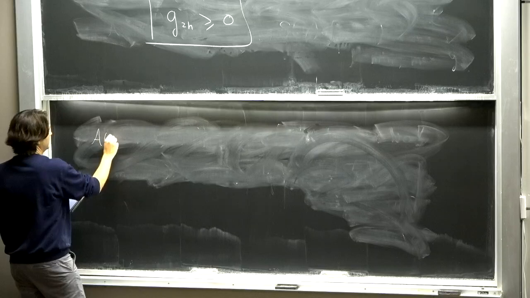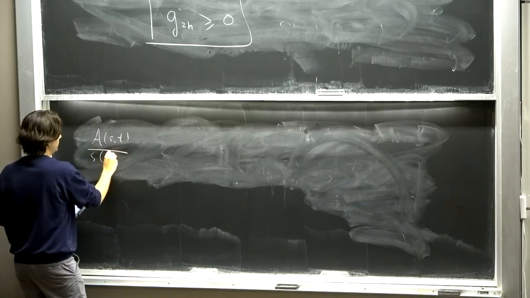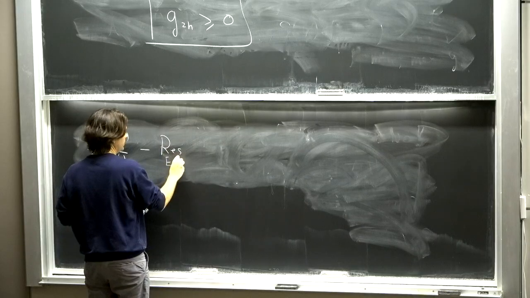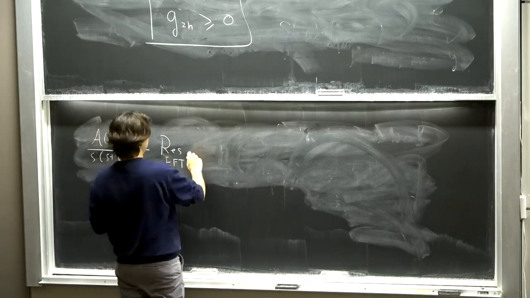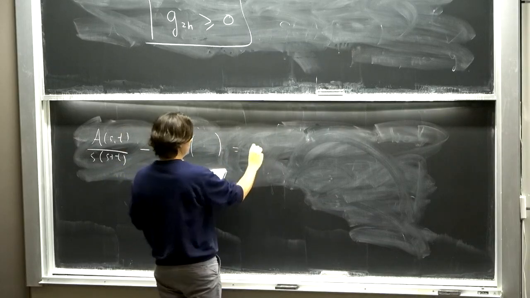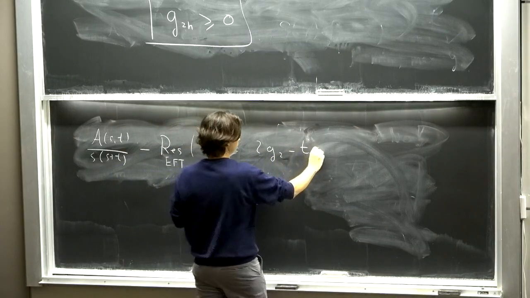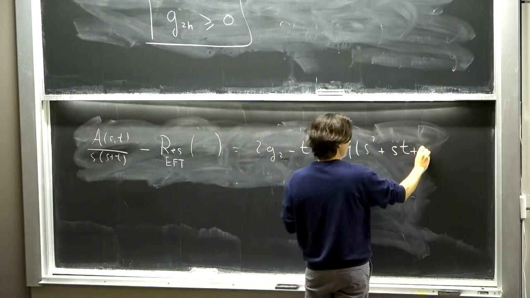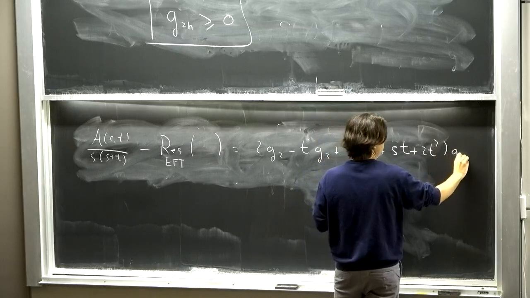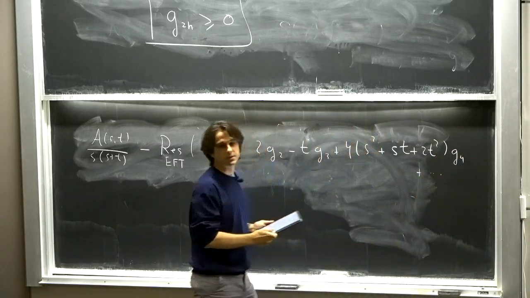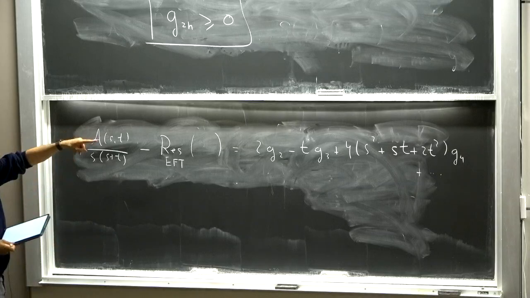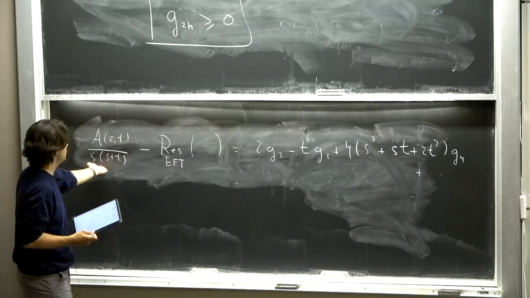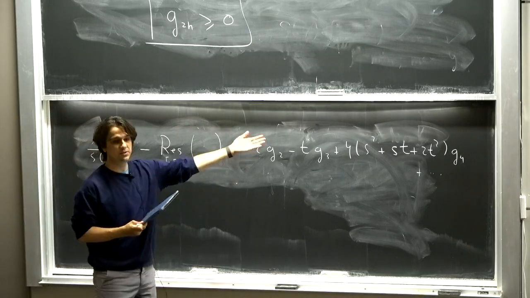So this is amplitude minus these residues in the EFT. And then you expand at low energies. It's going to go like 2 g2 minus t g3 plus 4. Okay, so there's going to be a whole series here. And that's the part of this dispersion relation that we can compute using the effective theory. Okay? Because we're expanding at low energies for small s and t, we can just use the EFT.